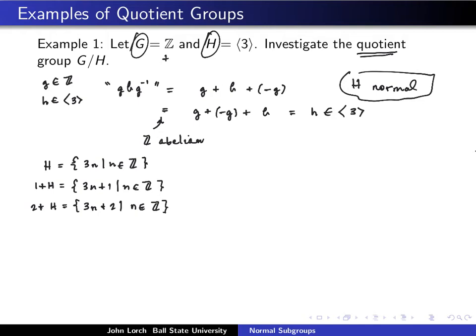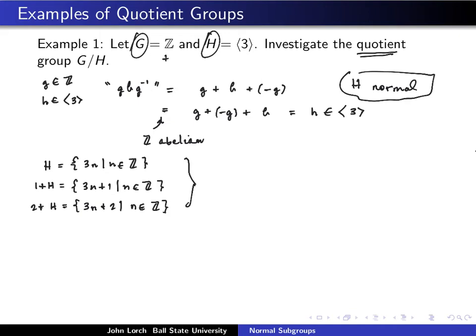And now we could keep going, but there's no reason to keep going, right? Because if you take all of these 3 sets together, they partition the integers. H is the set of all integers that leave a remainder of 0 upon division by 3. 1 plus H is all the things that leave a remainder of 1 upon division by 3, and 2 plus H is all the stuff that leaves a remainder of 2 upon division by 3.